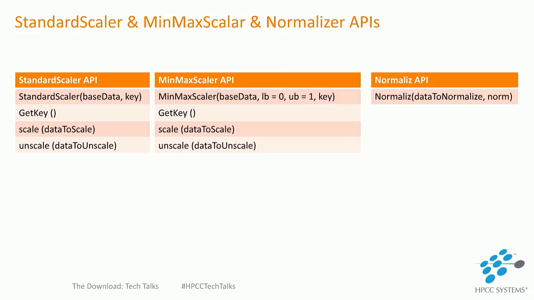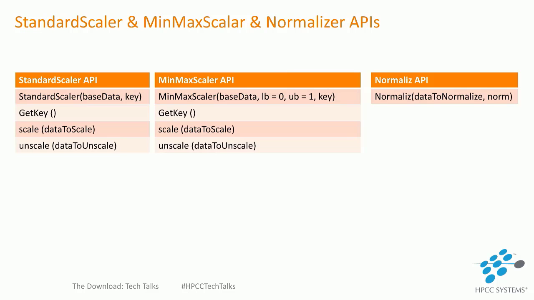The GetKey function gives the key used for scaling. As far as the standard scaler is concerned, the key is the means and the standard deviations of each of your features. And for the minimal scaler, the key is the minimums and maximums for each of the features. So they're both different just in terms of their constructors.